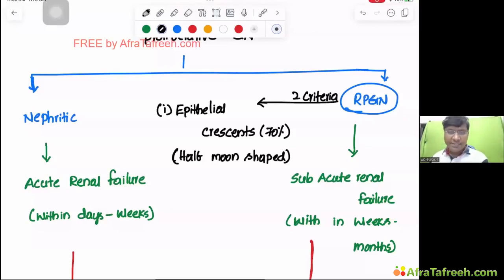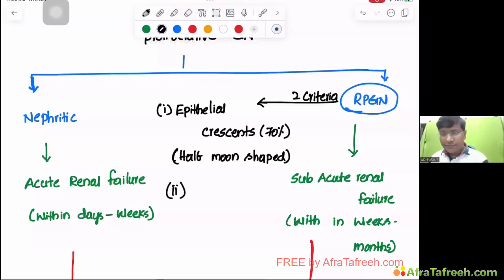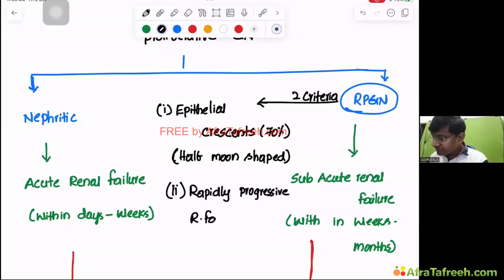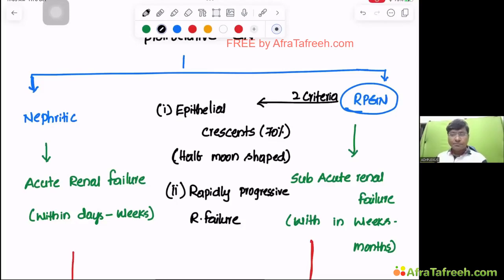They are nothing but your epithelial cells or your inflammatory cells, that is your WBCs and so on. And the second important criterion of RPGN is the occurrence of rapidly progressive renal failure. Okay, so these are the two criteria which are required to call it RPGN.